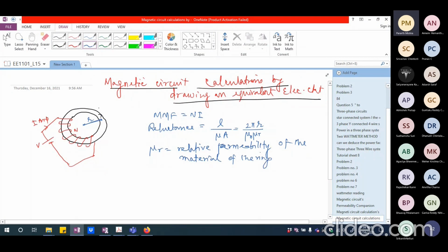Now the area of cross section depends upon what kind of cross section it has. If it has a circular cross section like this, and let's say the inner radius is R1 and the outer radius is R2, then R2 minus R1 is the diameter of the cross section.